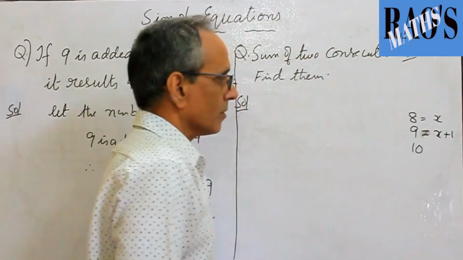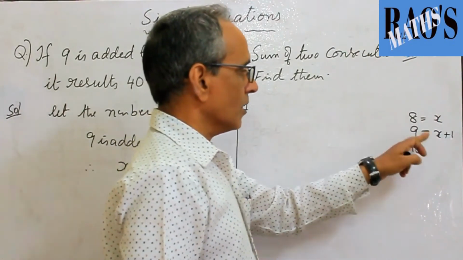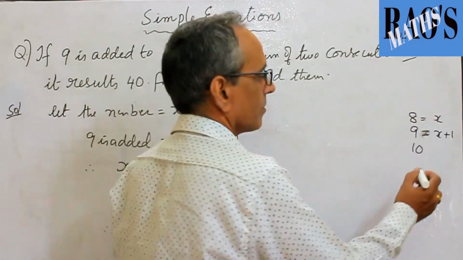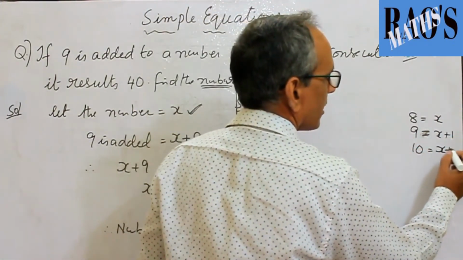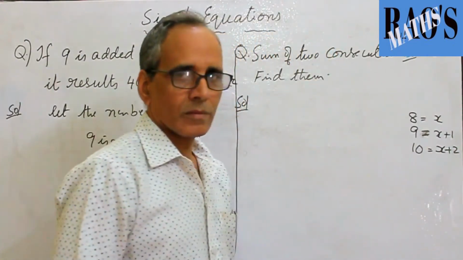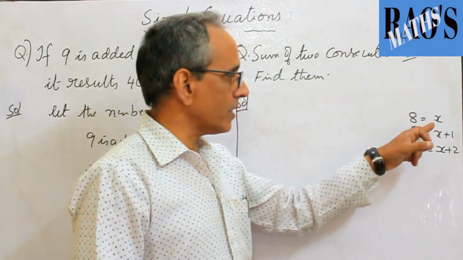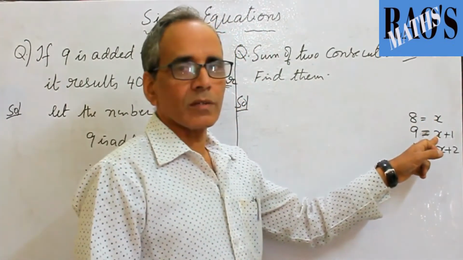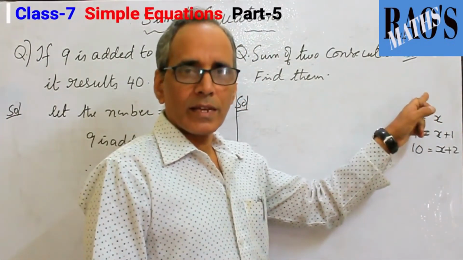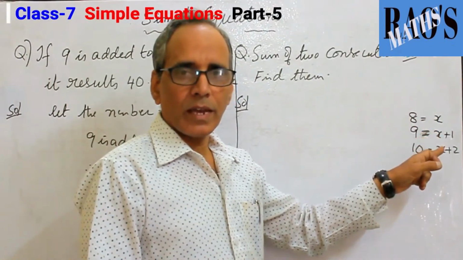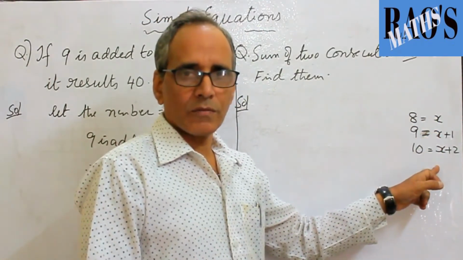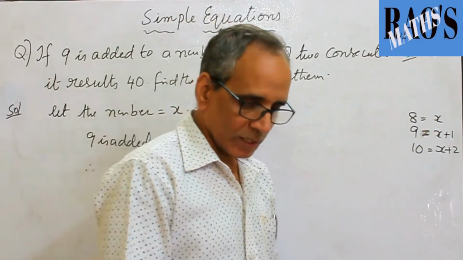X is equal to 8, so 8 plus 1 is 9 and 8 plus 2 is equal to 10. This is the way we define consecutive numbers: x, x plus 1, x plus 2.